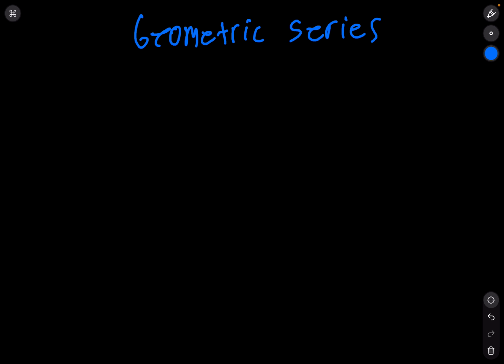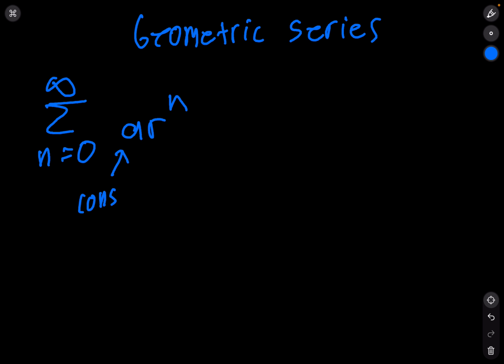It usually involves having a series, usually going to infinity, of n equals something, with a constant in the front, and then you should see this R number here, which is taken to something of n.